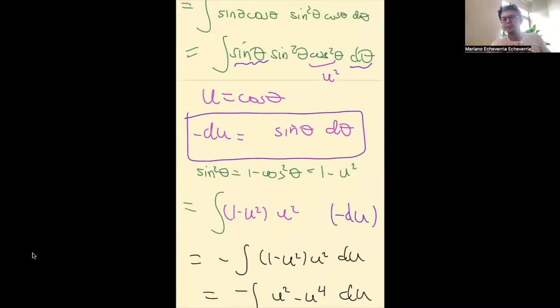So I wouldn't ask this one, but it is kind of a maximum of difficulty or above, and it's a good reminder of the identities and things like that. The problems with substitution that I have in mind are a lot more straightforward.